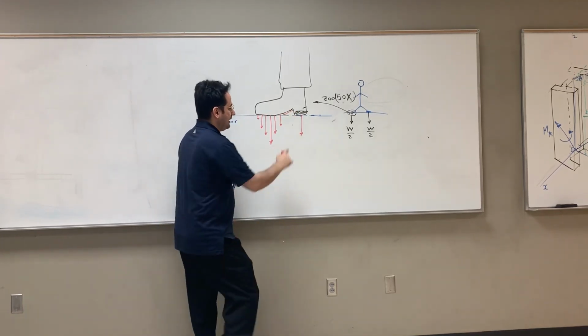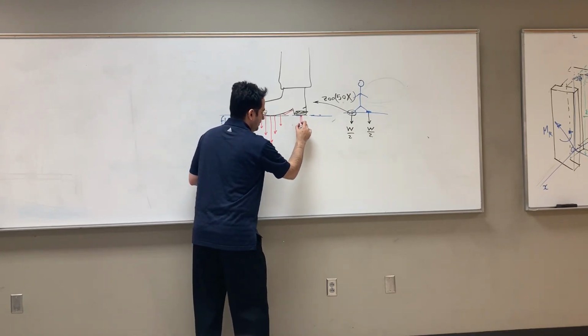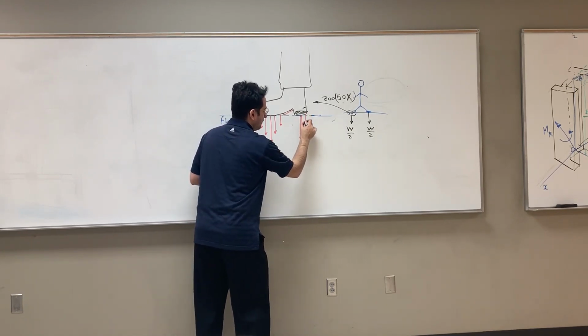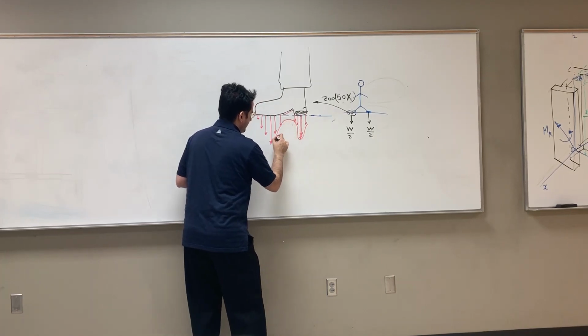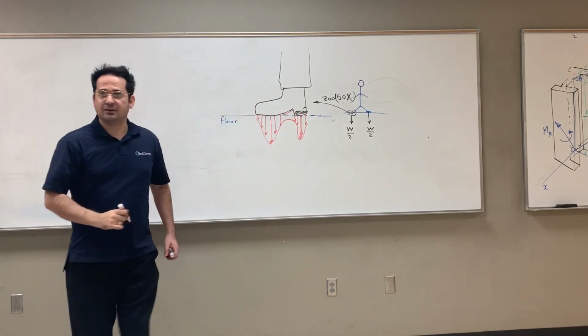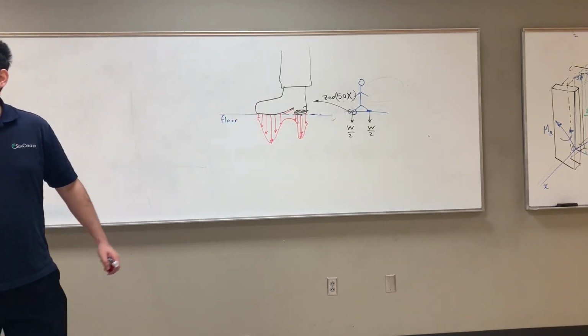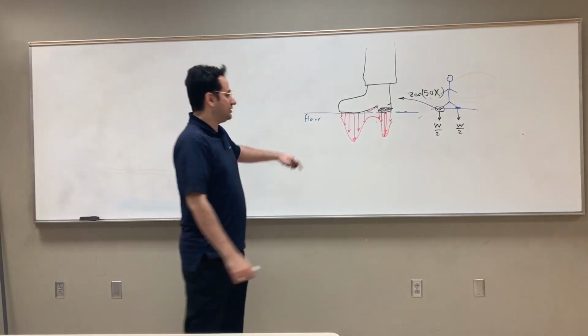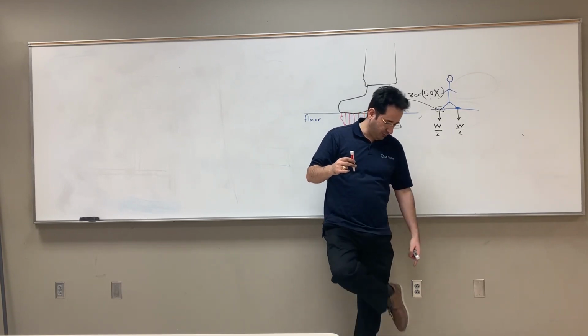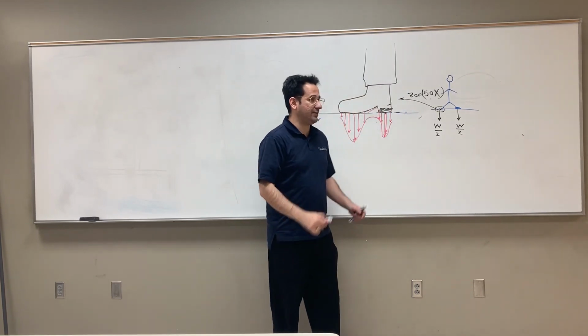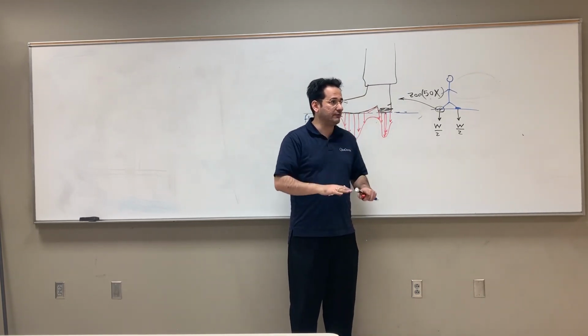You see that? And here I have a bigger force, but very small at the end. So your force is distributed like that. If you draw the force distribution, it's an infinite number of point forces, because my shoe sole has an infinite number of contact points with the floor.